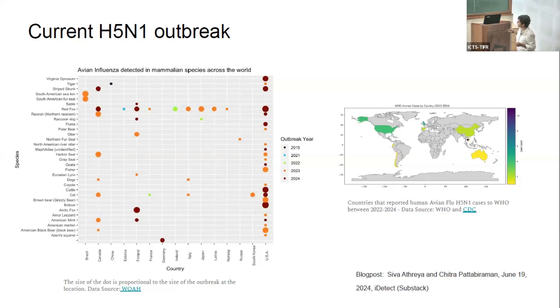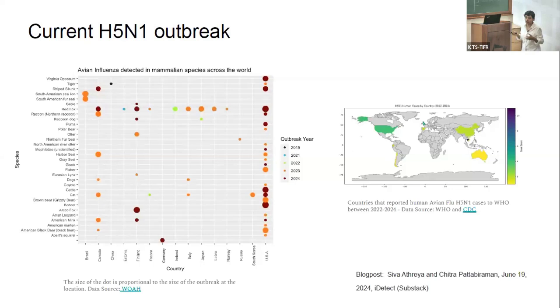You can see more of the orange and the brown, right? So 2023, 2024 onwards, you're seeing lots of different animals, lots of different places, lots of reports from the US, but we don't know how many different countries and animals are affected, but it looks like a large number.